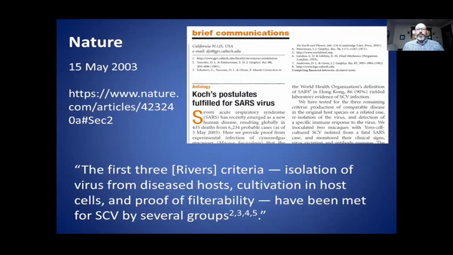Okay, so let's get back to this Nature article now that we've reviewed the background information. It goes on to say that the first 3 Rivers criteria, which is number 1, isolation of the virus from a diseased host, number 2, cultivation in host cells, and number 3, proof of filterability, have been met for the SARS coronavirus by several groups. And you see at the bottom these footnotes 2, 3, 4, 5.